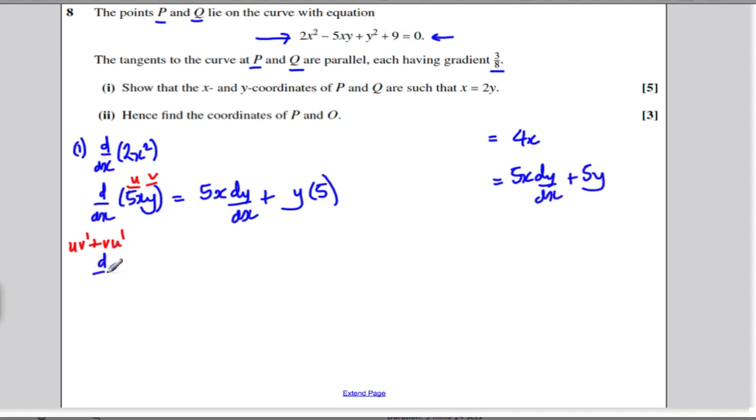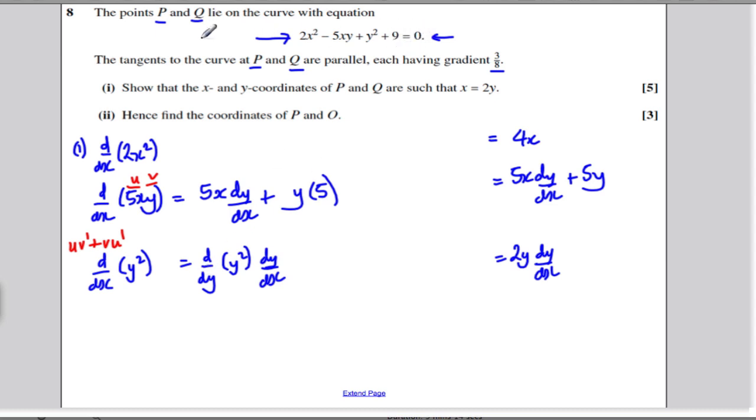Lastly, differentiate y squared with respect to x. I can't do that directly, so I instead differentiate y squared with respect to y and fix by post-multiplying by dy by dx. The differential of this with respect to y is 2y, so I get 2y dy by dx. The differential of 9 is 0 and the differential of 0 is 0.